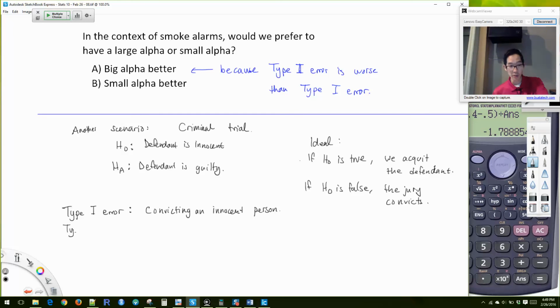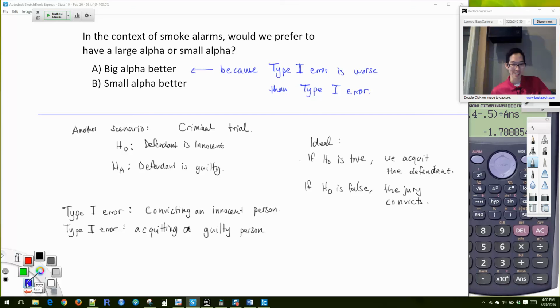A type 2 error would be acquitting a guilty person. These are both mistakes, and we don't want to make either mistake. But if you had to make more of one mistake than the other, which mistake is worse?